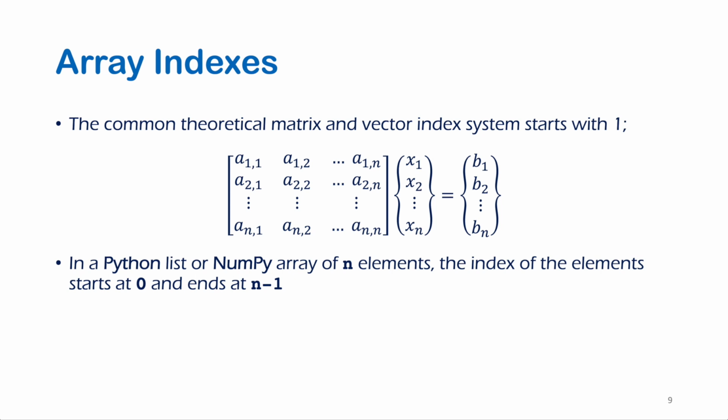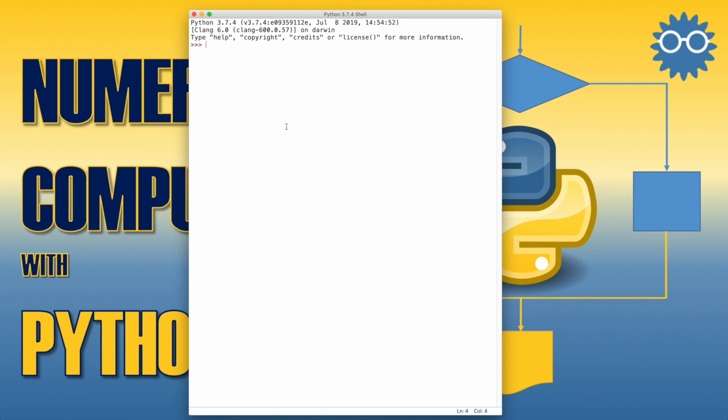Let's make a small test on the Python shell using lists and NumPy arrays. Now, as you see here, we can start with lists. So let's create a simple list A, and let's say it has the elements 3, 6, 9, 12.